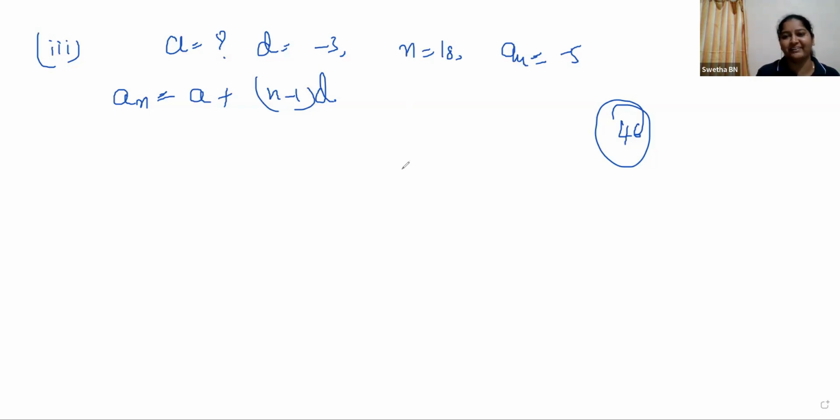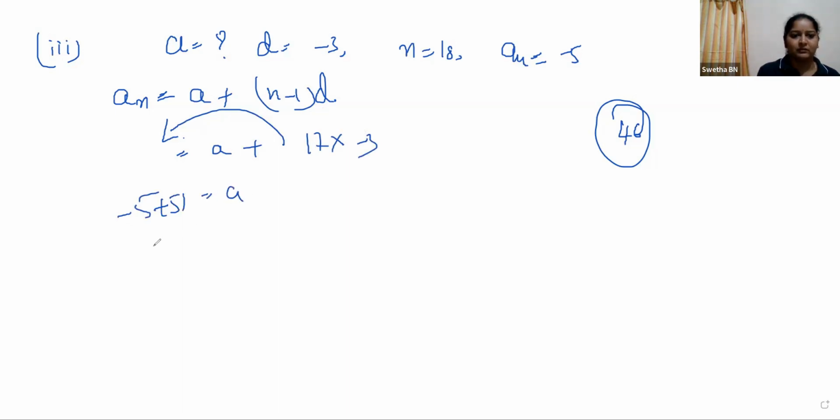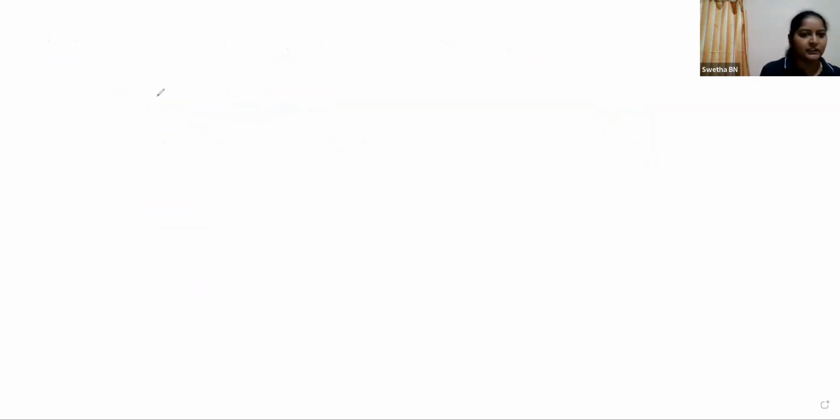No need, ma'am. You know how to transpose the numbers, no? So A is the question mark. You shift it to the left-hand side. 18 minus 1 is 17, D is minus 3, and this is minus 5. So it is minus 51 plus 51, so A is equal to 46. Yes, correct.